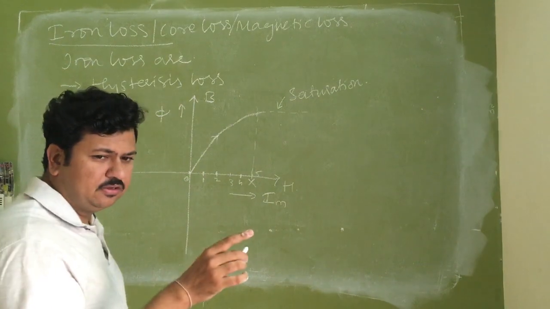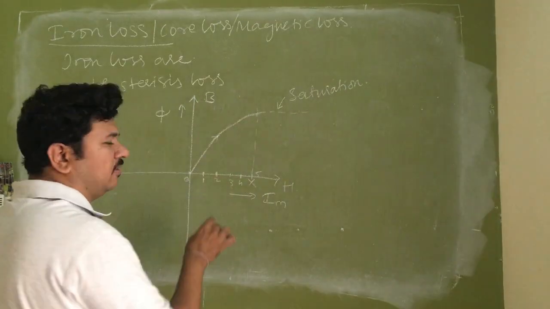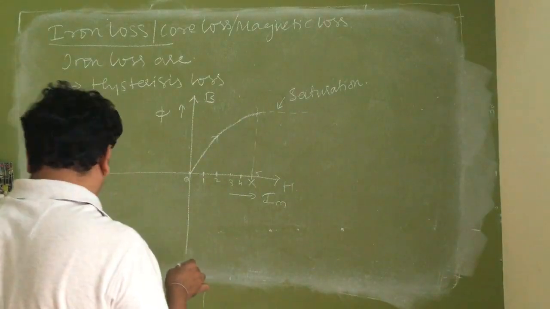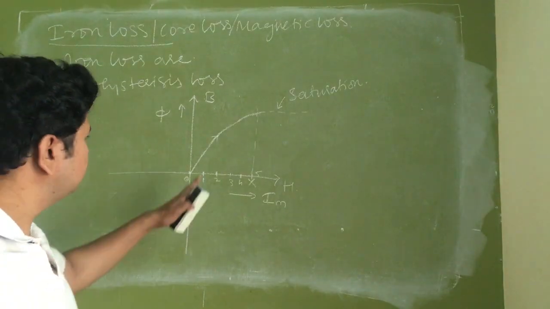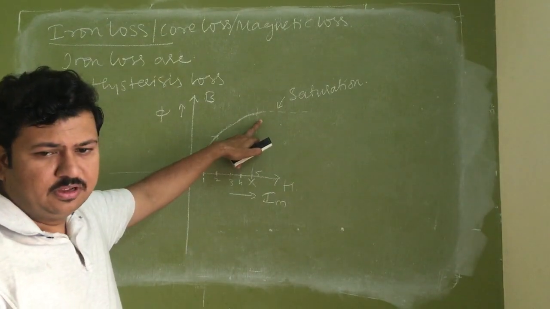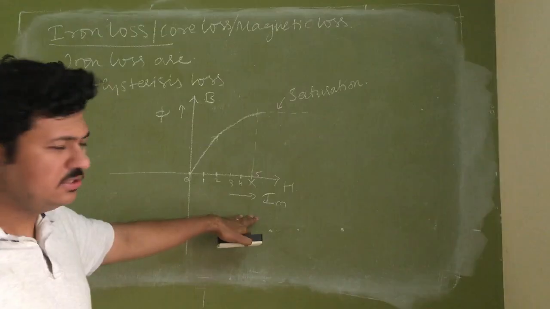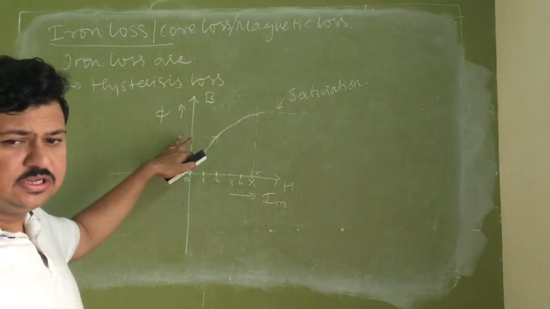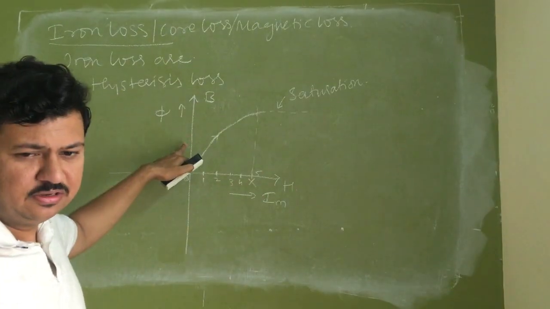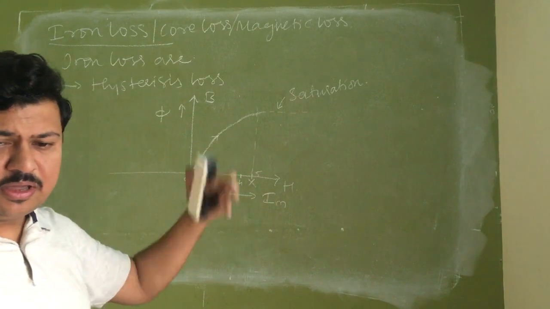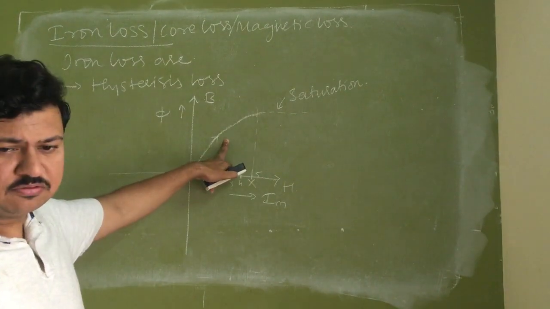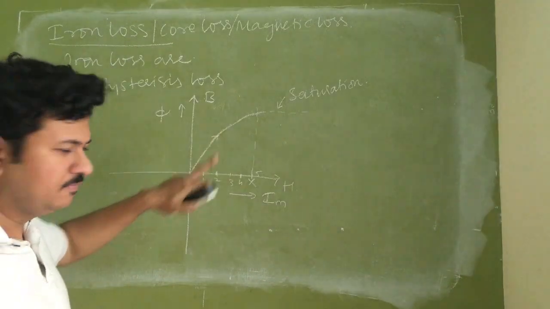I expect the decreasing curve, the demagnetizing curve. This is called the magnetizing curve, because as I increase the magnetizing force, the magnetic flux density is increasing. It means flux is increasing, therefore the core is getting magnetized. Hence, it is called the magnetization curve.